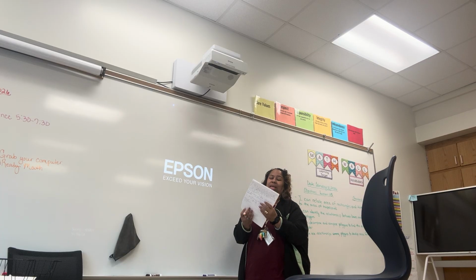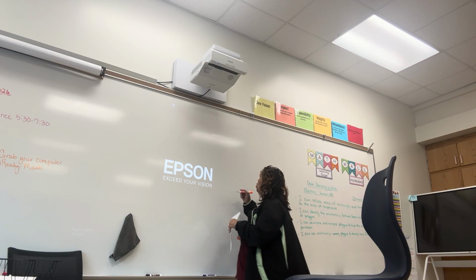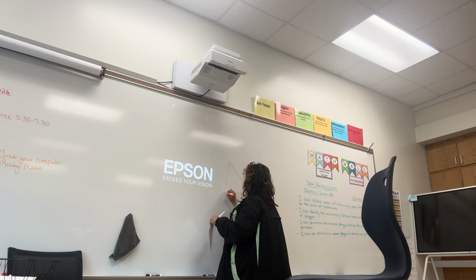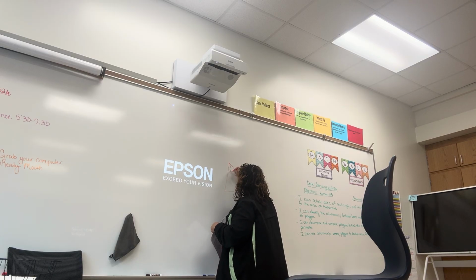So I'm going to begin by modeling a problem for you. You know Ms. Wheeler does not draw a straight line in everything in my triangle. I'm going to just quickly draw a triangle. I want you to do the same. Put this in your notes.